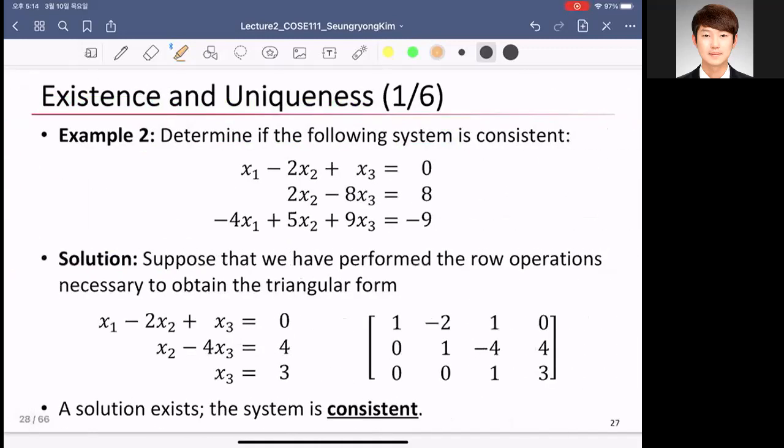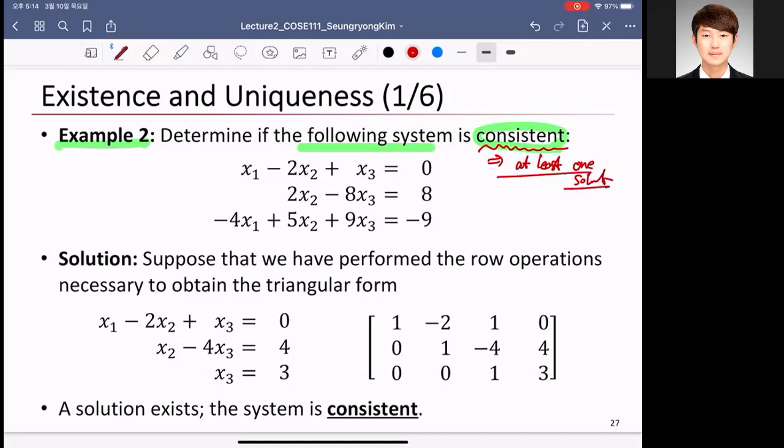So I'd like to show you one example. Example 2: determine if the following system is consistent. What is the meaning of consistent? Consistent means at least one solution, right?